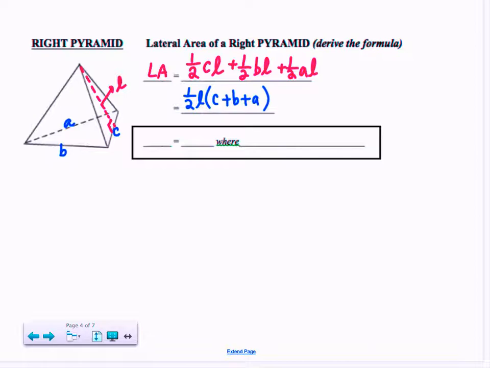You think back to Friday, I asked this question. I said, what does C plus B plus A represent in my diagram? And if you remember on Friday, we said that was the perimeter of the base.